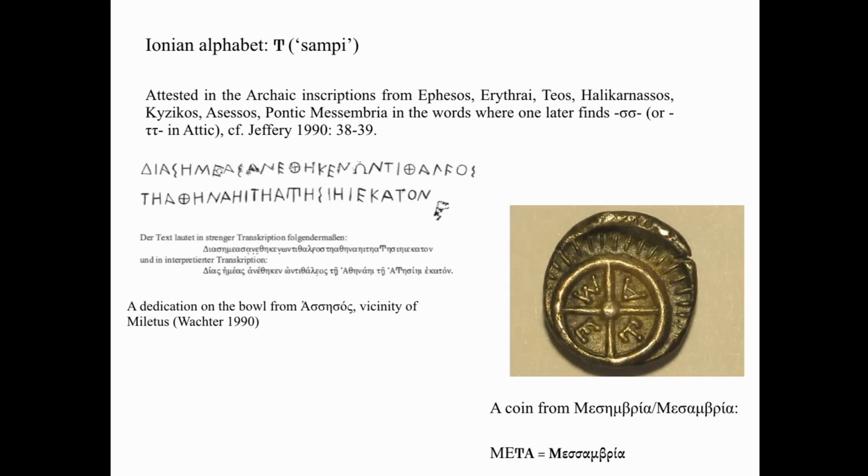And again, it's well known that the letter stands in the position in which one finds in later inscriptions from the same region or in literary works geminate S. And in Attic dialect, it would be geminate T. So one thought usually that this difference in writing, even in the 6th century, would indicate that we're dealing with slightly different sounds, taking into consideration this double reflex of this sound as S in Ionic and T in Attic.